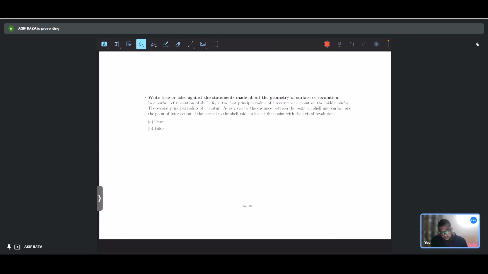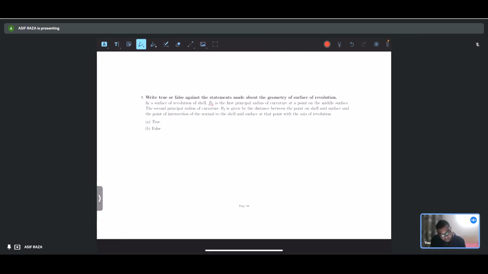The statement is: in a surface of revolution of a cell, R1 is the first principal radius of curvature at a point on the middle surface. The second principal radius of curvature R2 is given by the distance between the point on the cell mid surface and the point of intersection of the normal to the cell mid surface at that point with the axis of rotation. So yeah, this statement is true.